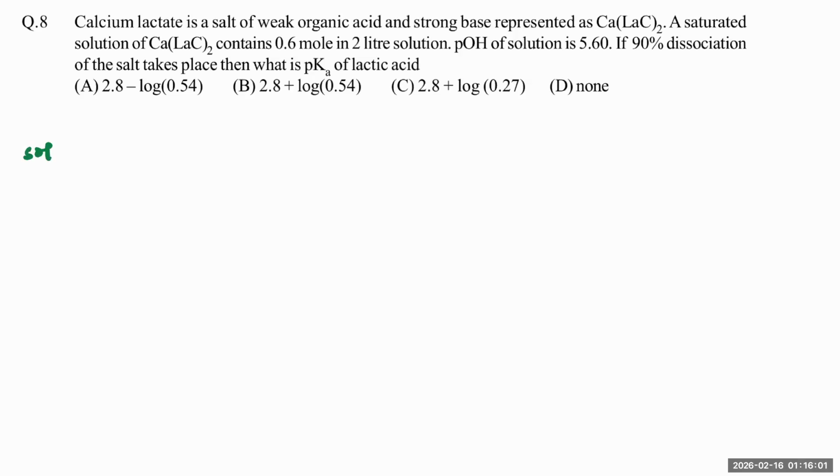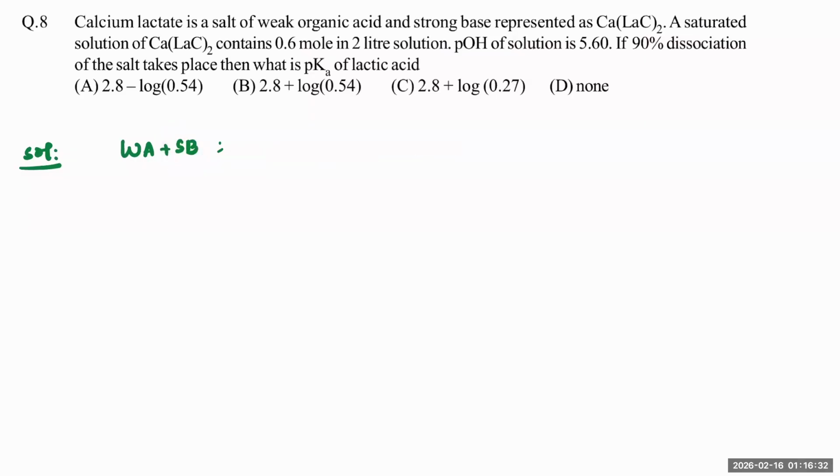See, calcium lactate is a salt of an organic compound coming from a weak organic acid and a strong base. When you have a weak acid and strong base combination, we know that it is the strong base which will dominate, and the overall solution will appear basic.